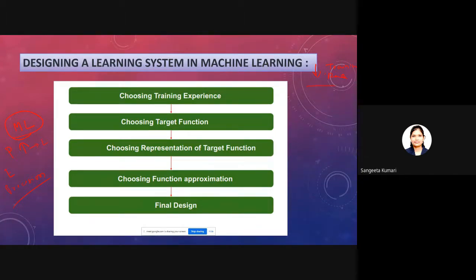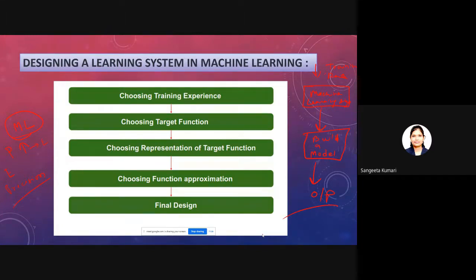And we have to identify an appropriate machine learning algorithm here, and then we have to build a model for this application, and then you have to get the appropriate output.